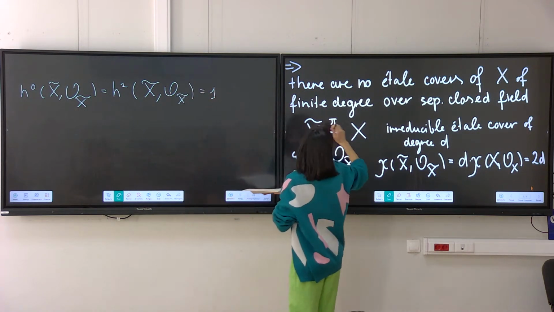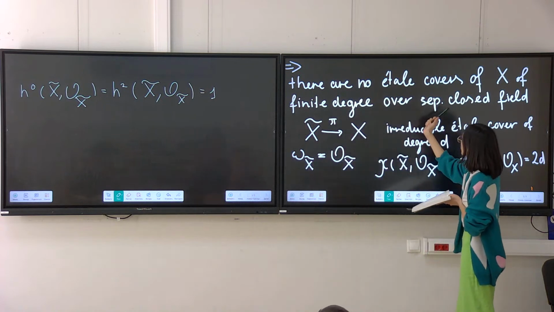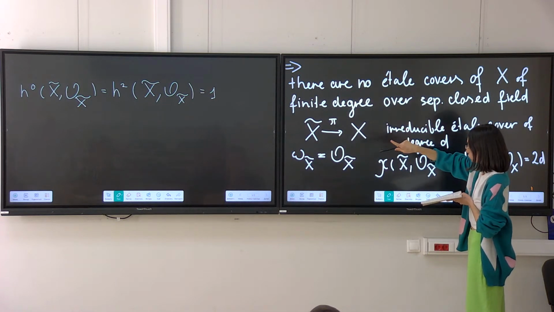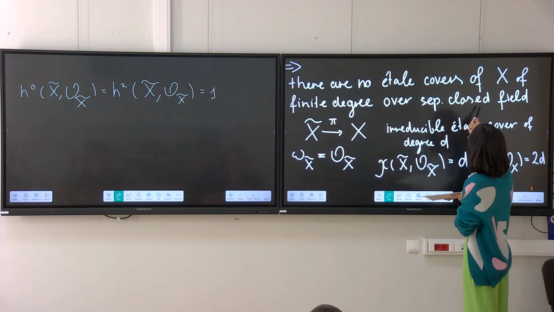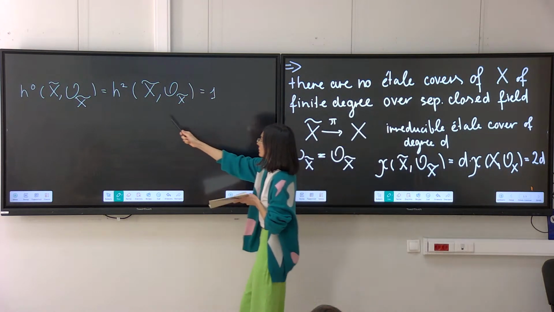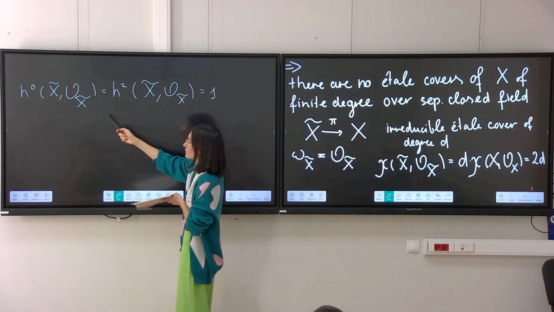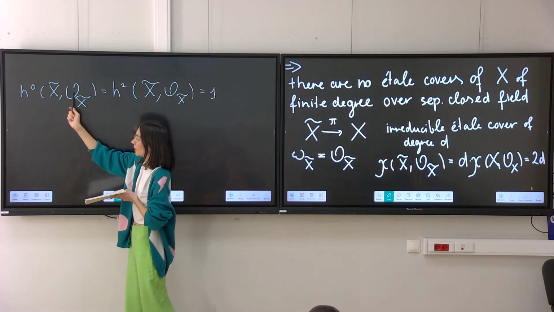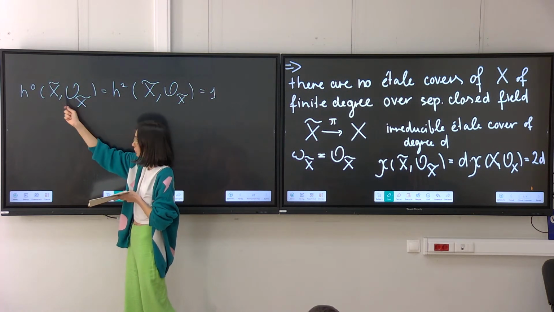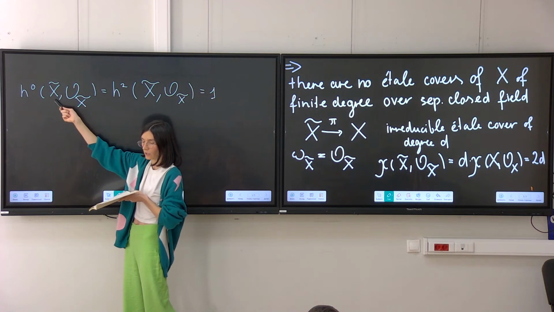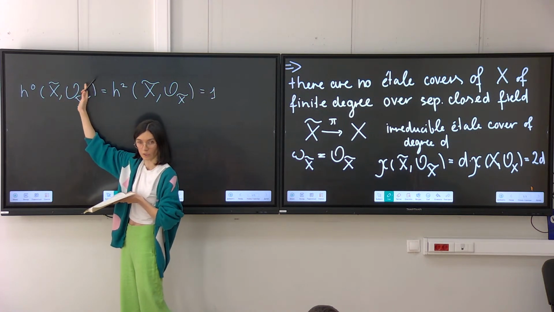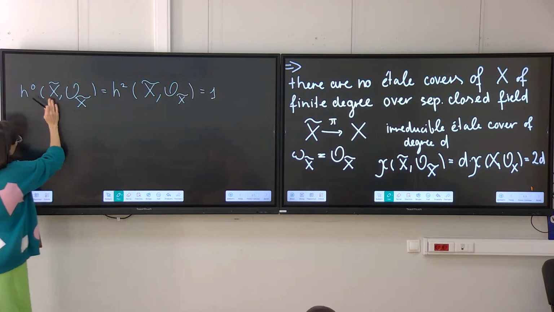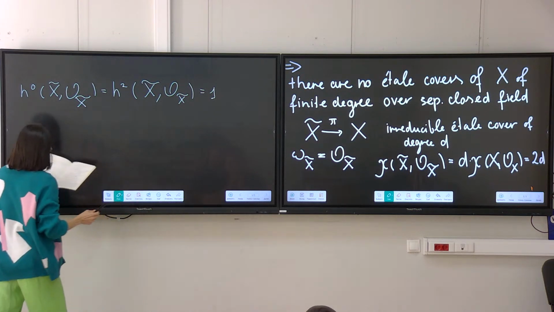And in fact, here we use that the field should be separably closed, exactly in this place, because otherwise, if the field is not separably closed, we can have here something bigger than 1. Okay. But in this case, we have this equality.